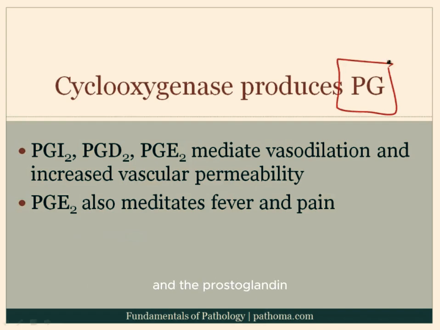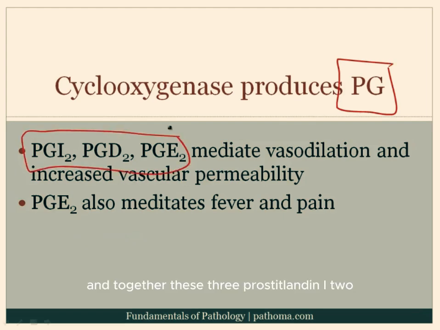And the three key prostaglandins are prostaglandin I2, D2, and then prostaglandin E2. And together, these three, prostaglandin I2, D2, and E2, they mediate vasodilation, and they mediate increased vascular permeability. Now, it's important to know that the vasodilation occurs at the level of the arteriole.